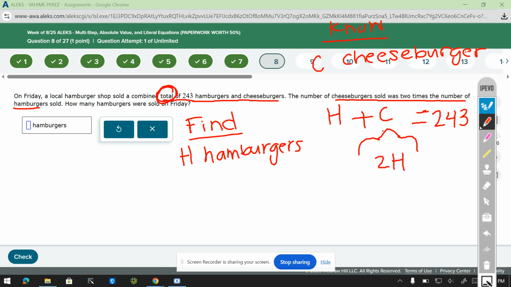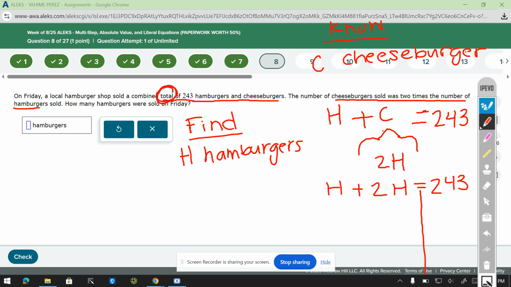So now we have an equation to work with. We have H plus 2H equals 243, and we can use this equation to find hamburgers, H, right?